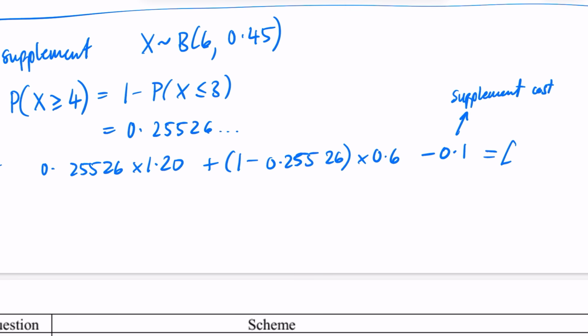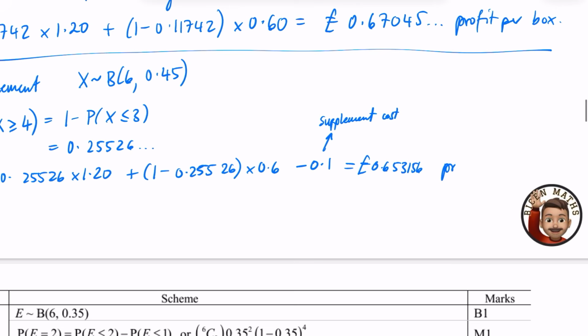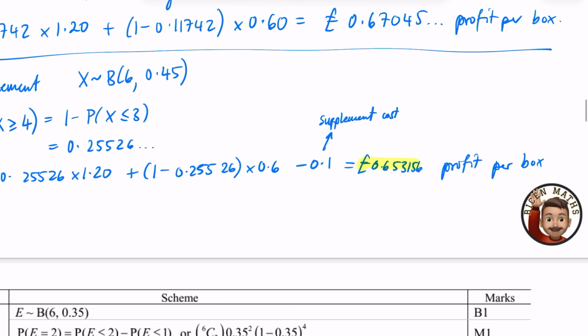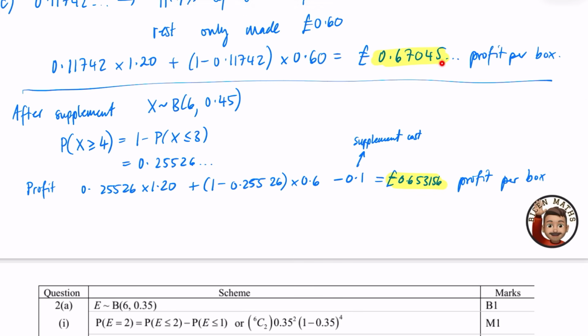And we get that this profit is 0.653156. So the key numbers that we're going to be comparing here are the 0.653156, let's highlight this, and the 0.67045. So actually, he's making more profit per box before the supplement is added because of this extra cost of the supplement.